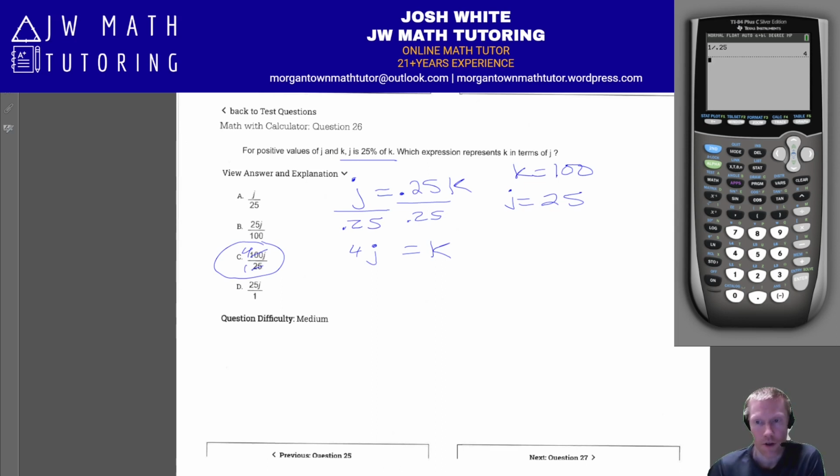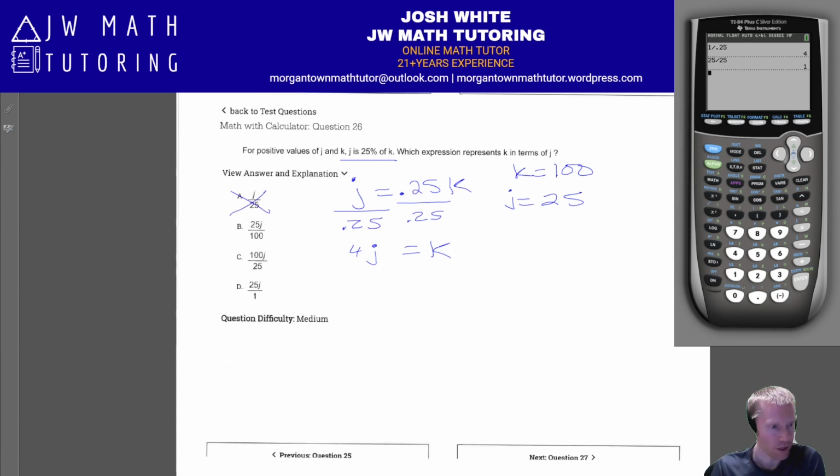So if I choose K to be 100, and therefore J must be 25, now you just go to the answer choices and plug them all in on the calculator and see which of these is equal to K, in other words, which of these is equal to 100. Okay, so answer choice A, J, which is 25 divided by 25. Is that equal to 100? Nope, it's equal to 1.